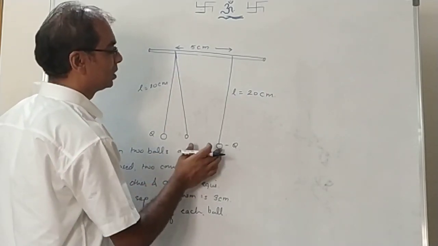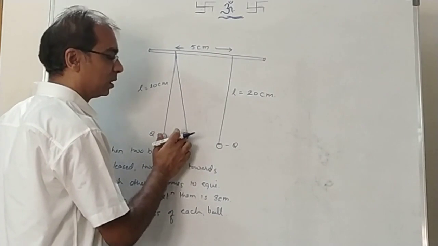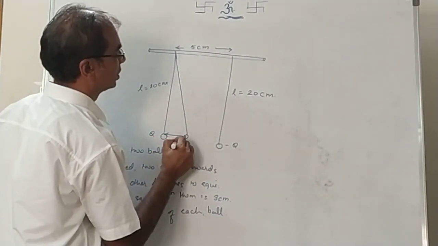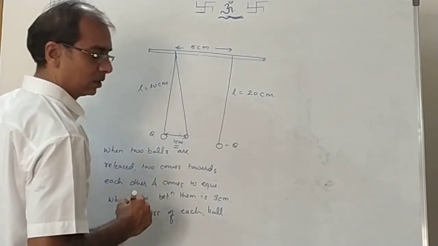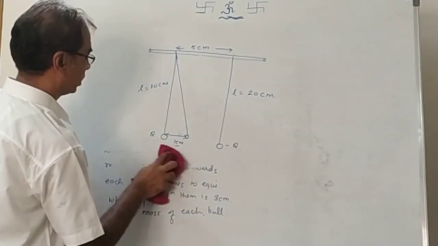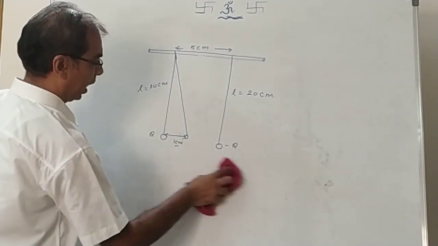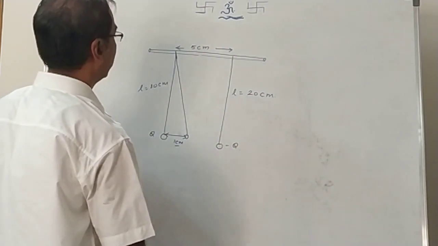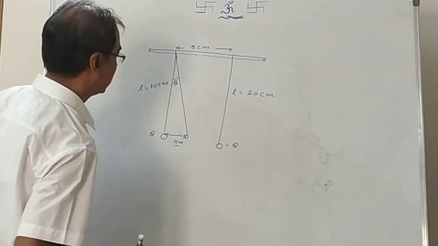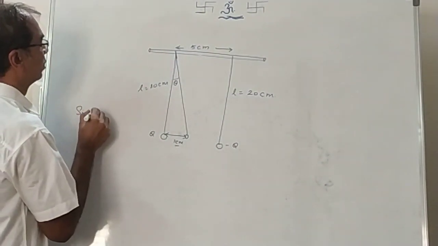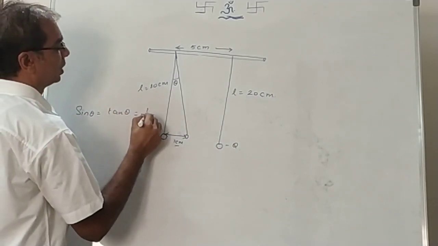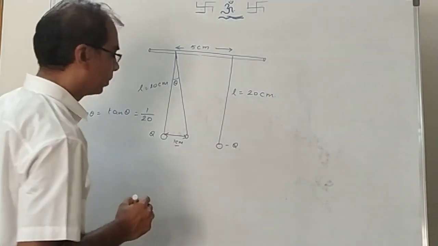So if 2 centimeter is the net displacement, each is moved by 1 centimeter. Now you can see the angle will be very, very small here. In this particular case, we can say sin theta equals tan theta equals 1 by 20.